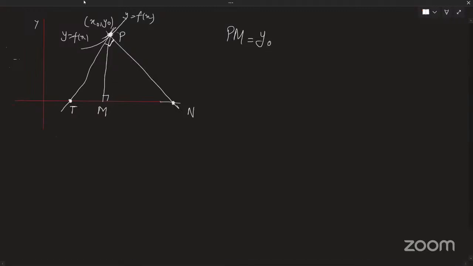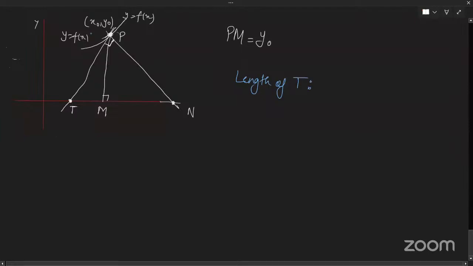Great. So now we will be discussing a few terms. The first term is length of tangent. PT denotes the length of the tangent. If I treat this angle as theta, can I say dy by dx at x equal to x naught will be equal to tan theta?